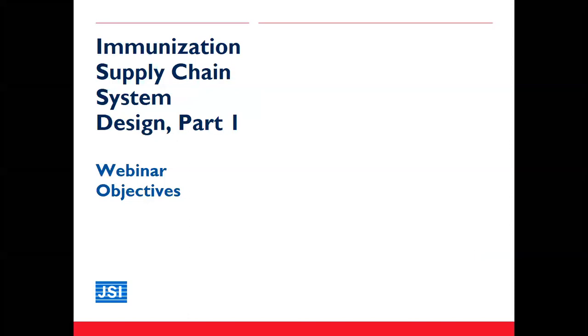Let's briefly review the objectives of the webinar. In this webinar, we will discuss the basic elements that you need to consider when designing an immunization supply chain system. Our discussion will be applicable whether you are starting from scratch or assessing the system for redesign or optimization.